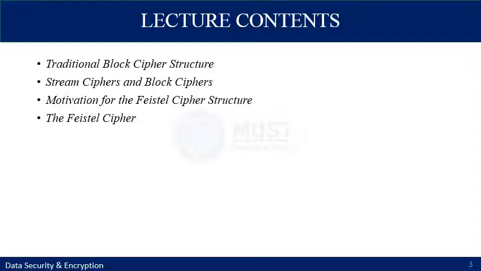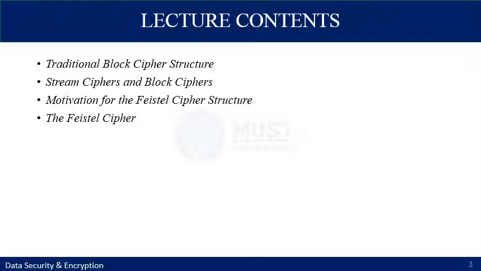Then we will highlight the motivation of a commonly used cipher structure known as the Feistel Cipher Structure. And finally, we will discuss the implementation of the Feistel Cipher Structure.